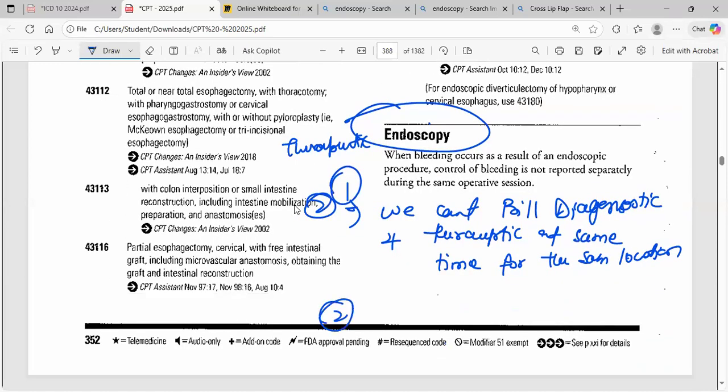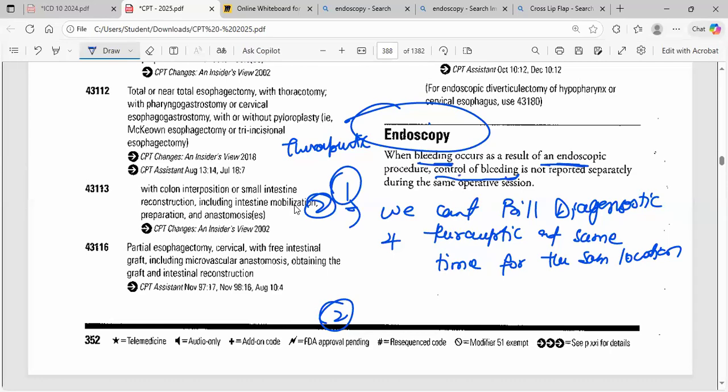Next is if bleeding occurs as a result of the endoscopic procedure, then we are not going to bill the control of bleeding separately. If it is an iatrogenic injury, that means done during the procedure, then we have to bill the normal diagnostic procedure only. We are not going to bill the control of bleeding because it is not the patient's condition. It happens during the procedure itself.